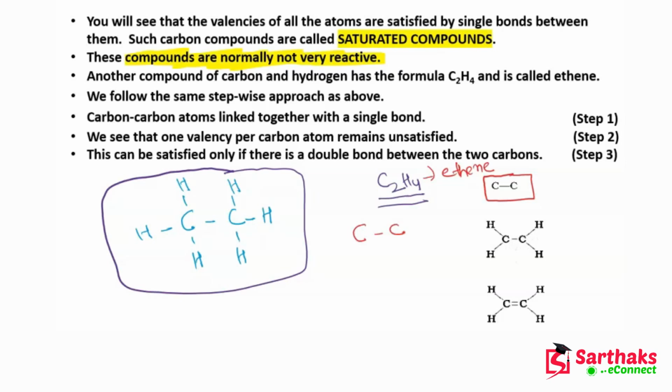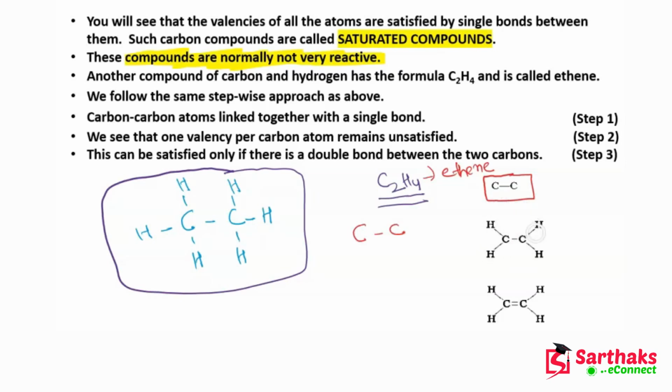The answer is no, because we all know that carbon is tetravalent, and here you can see 1, 2, 3 valencies are completed, but still one valency is not completed. So to complete that valency, what will I have to do? I have to make a double bond between these two carbon atoms. So we see that only one valency per carbon atom remains unsatisfied.